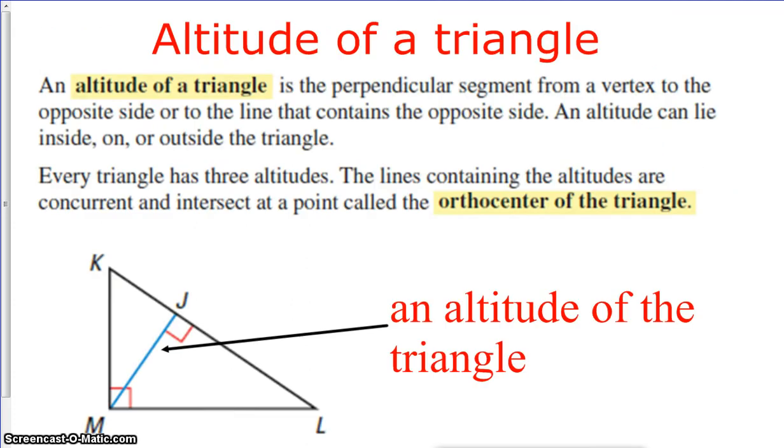Alright, so now let's talk about the altitude of a triangle. The altitude of a triangle, remember, is a perpendicular line from one vertex to the opposite side. Now, we talked about the different centers, so let's go back to the beginning page.